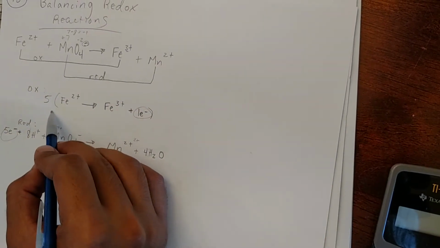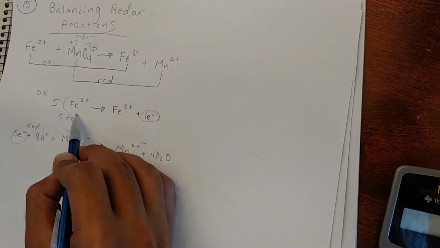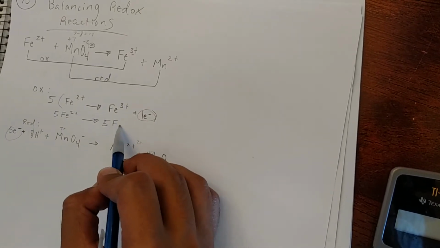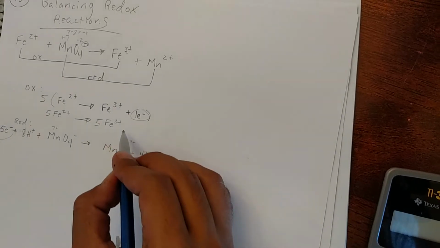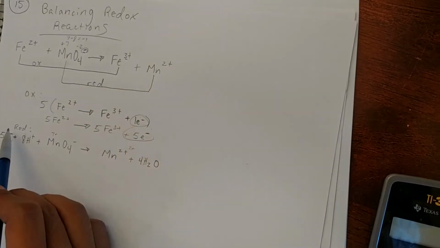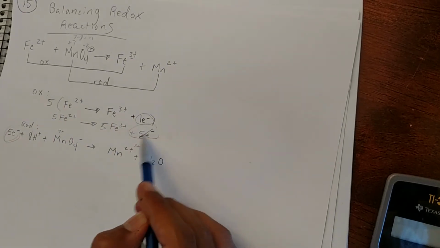So now we have 5Fe2+ yields 5Fe3+ + 5 electrons. Our electrons are on opposite ends.